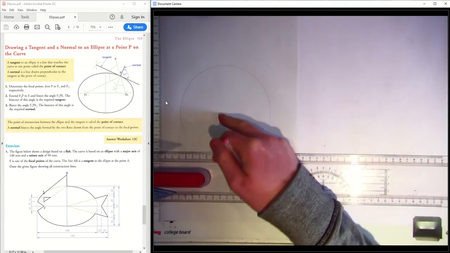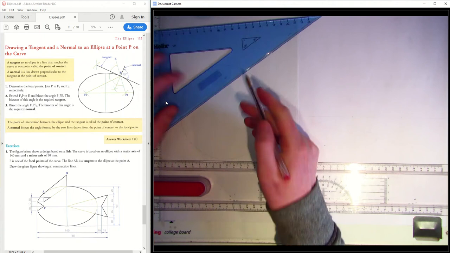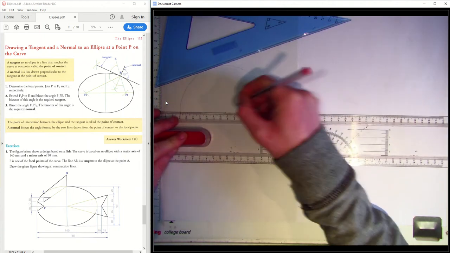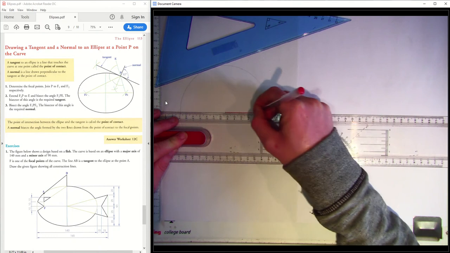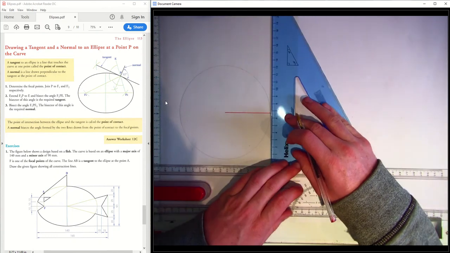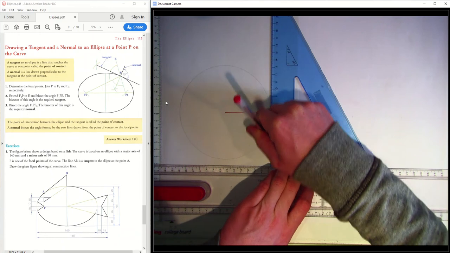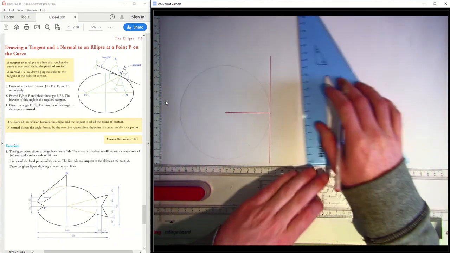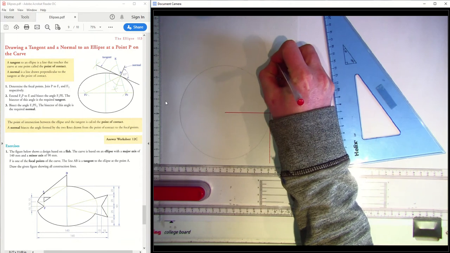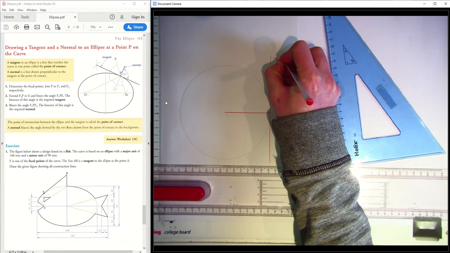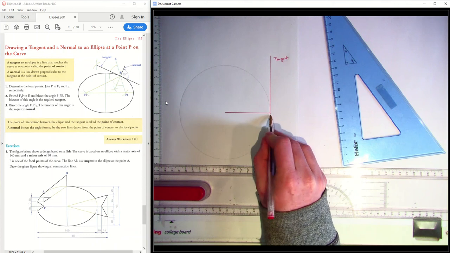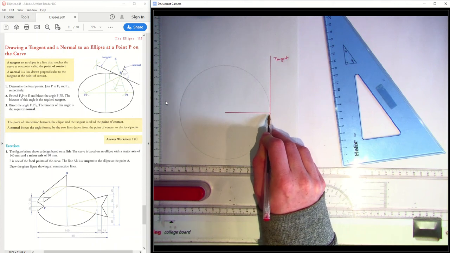If I want to find a tangent to this, if I have the center point, I'll draw a line. Now, this line I'm after drawing here is known as my tangent. It's only touching the circle at one point only, and that's that point there.